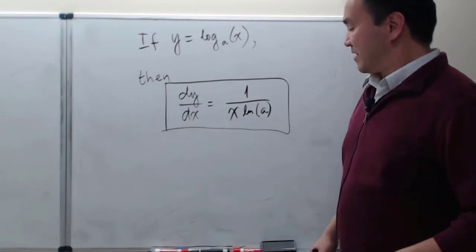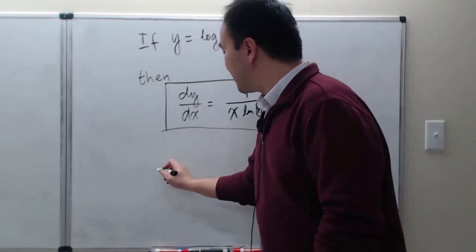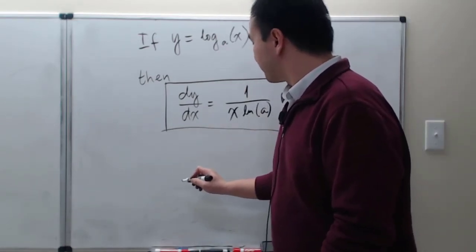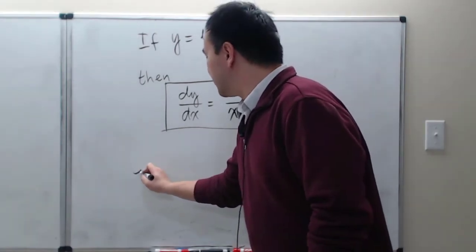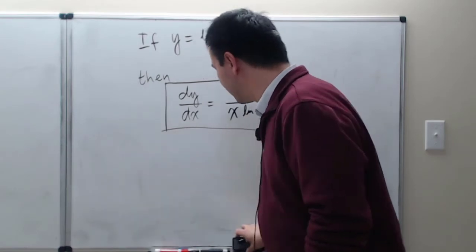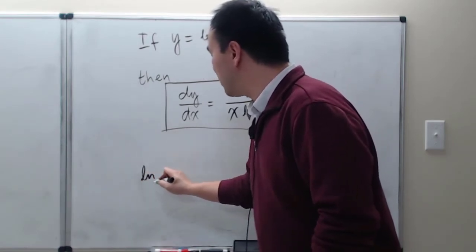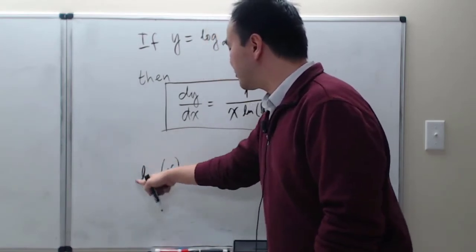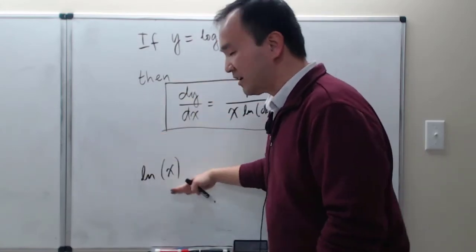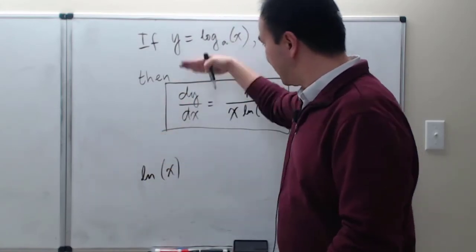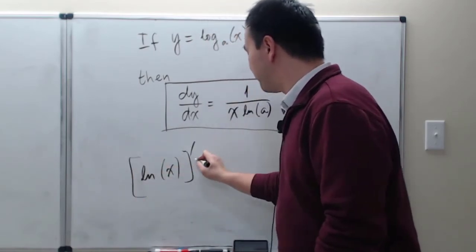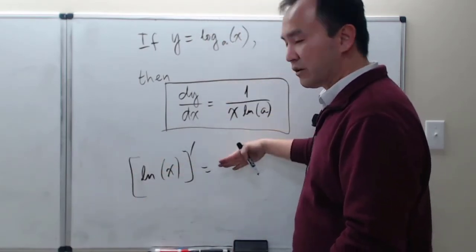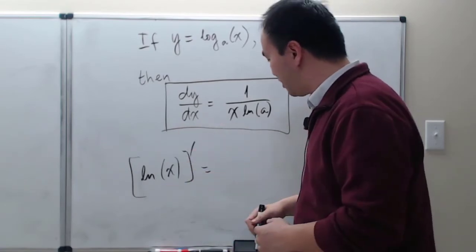Looking back at what we have done earlier, if we're blending our rules into what we've learned here, can we bring the derivative of natural log of x under this rule? Sure we can. Think about applying this general rule for general log at any base.